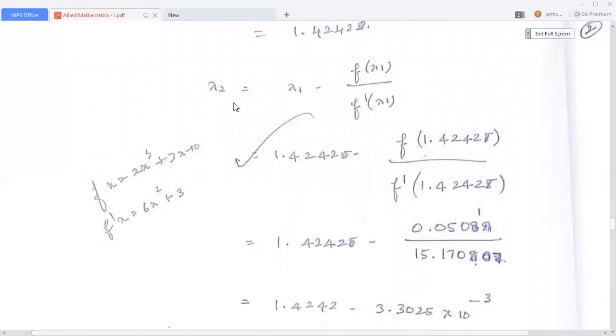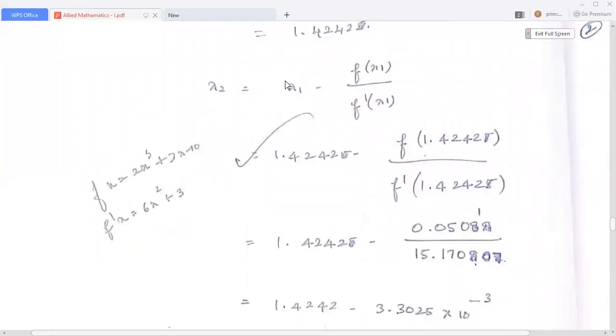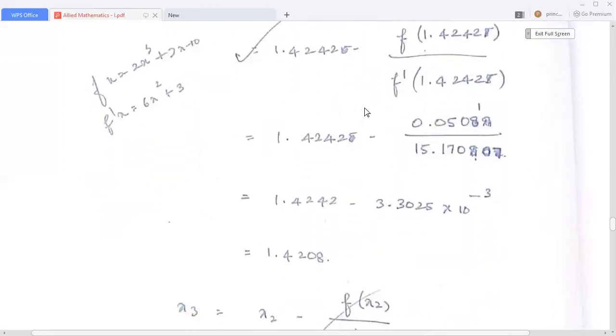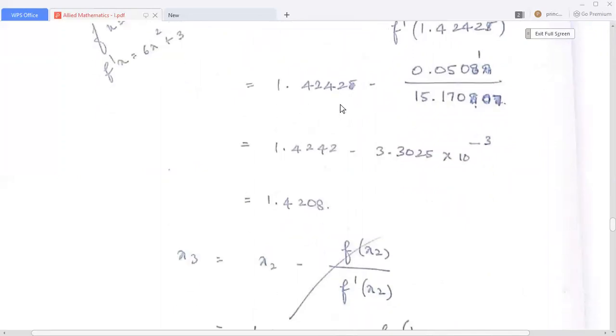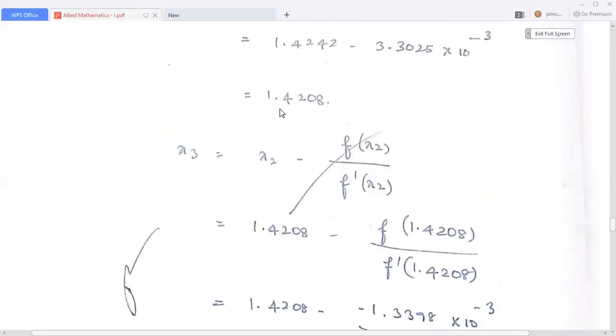Similarly, we calculate the second approximation x2. x2 equal to x1 minus f of x1 by f dash of x1. To find the x2 value, we need x1 value. So this x1 value is to be substituted in the formula for x2. Then we calculate these expressions. Here x2 value is 1.4208.